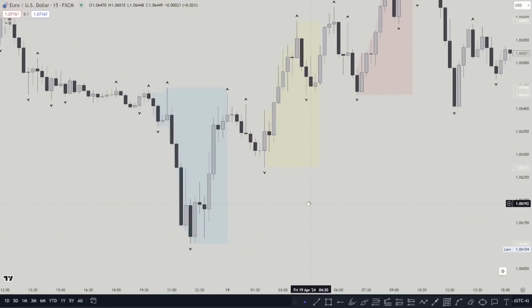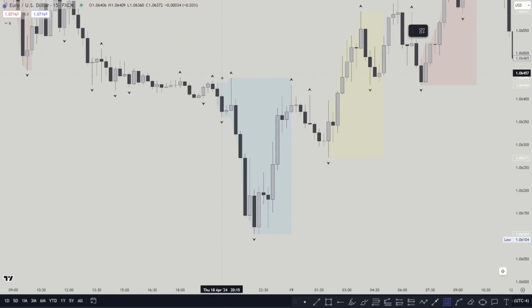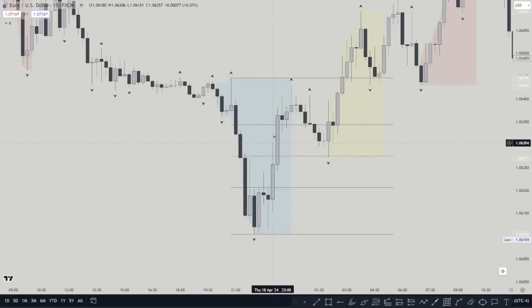Now there is another scenario that I wanted to mention, but I don't recommend trading this because it's not as clear as the others. As we have this Asian session, marking this, now looking at this Asian session, taking my fib from the high to the low of the Asian session, we can see that neither the high nor the low were taken. But what happened is we have a fair value gap here and another fair value gap below. So 2 consecutive fair value gaps here.